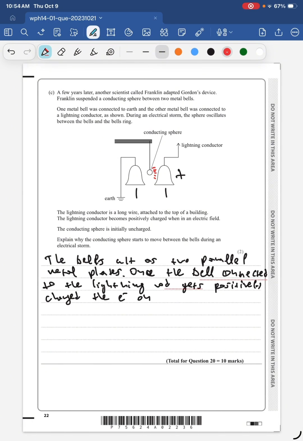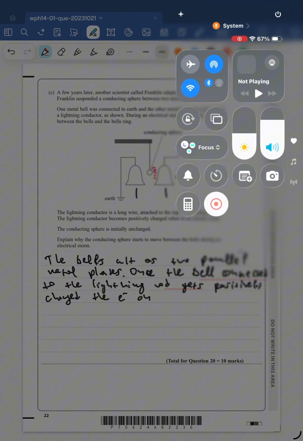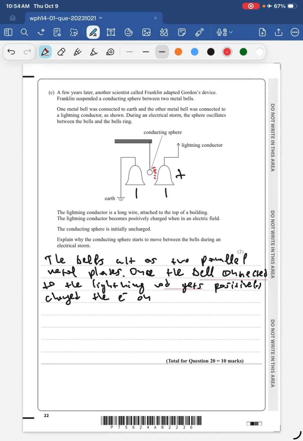Okay, so let's finish this. Positively charged. The electrons on the sphere will move to the side facing the bell. Get attracted.